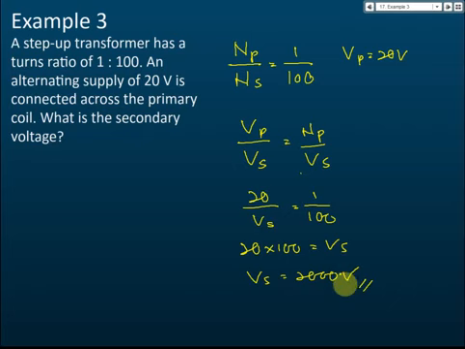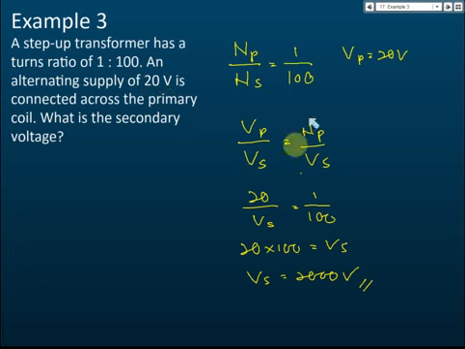The answer is 2000 volt. The question tells us that a step-up transformer has a turns ratio of 1 to 100. This turns ratio is the primary to the secondary coil, Np over Ns. So the ratio Np over Ns is 1 to 100, and the primary voltage is 20 volt.